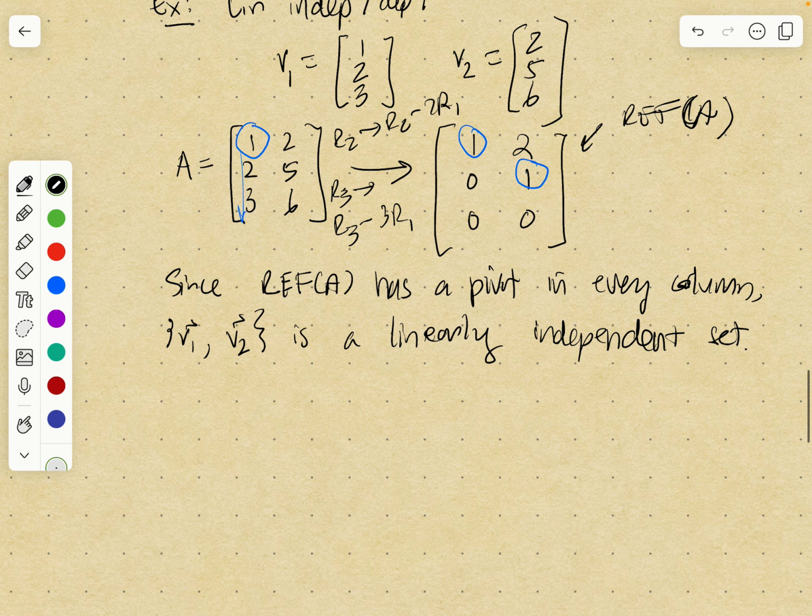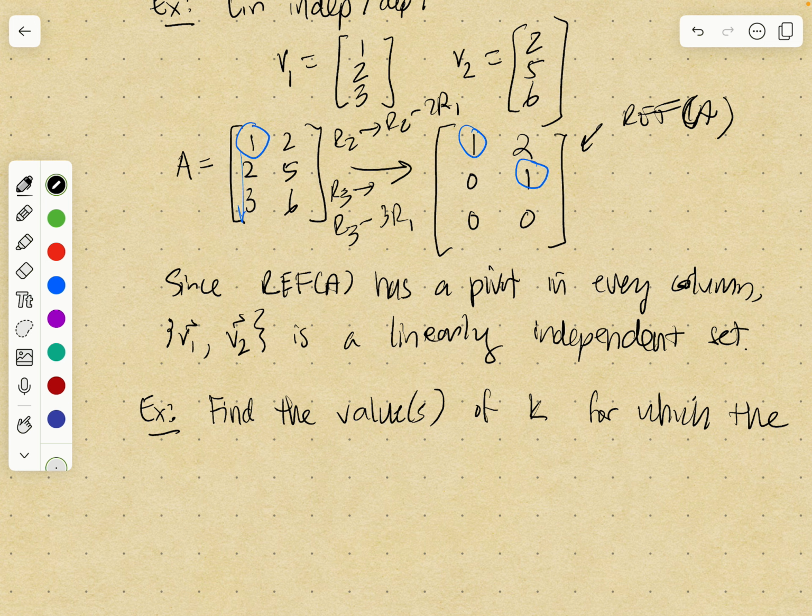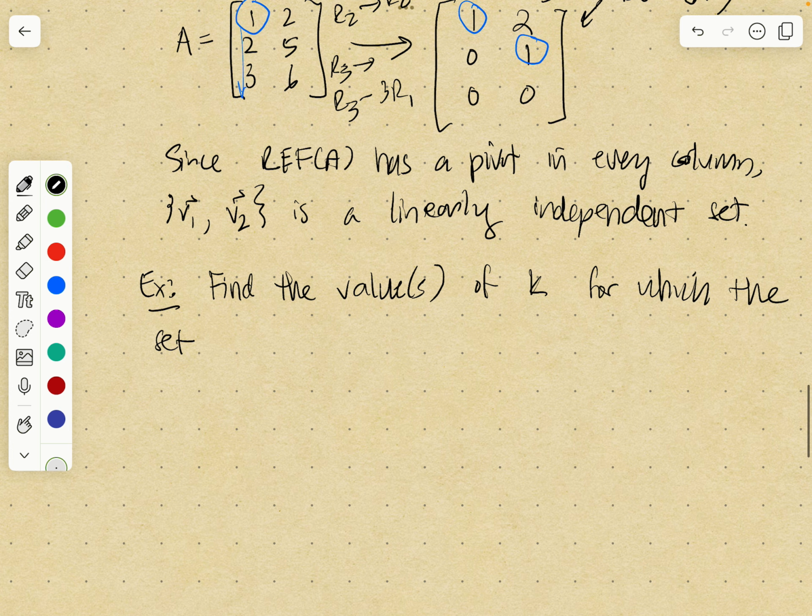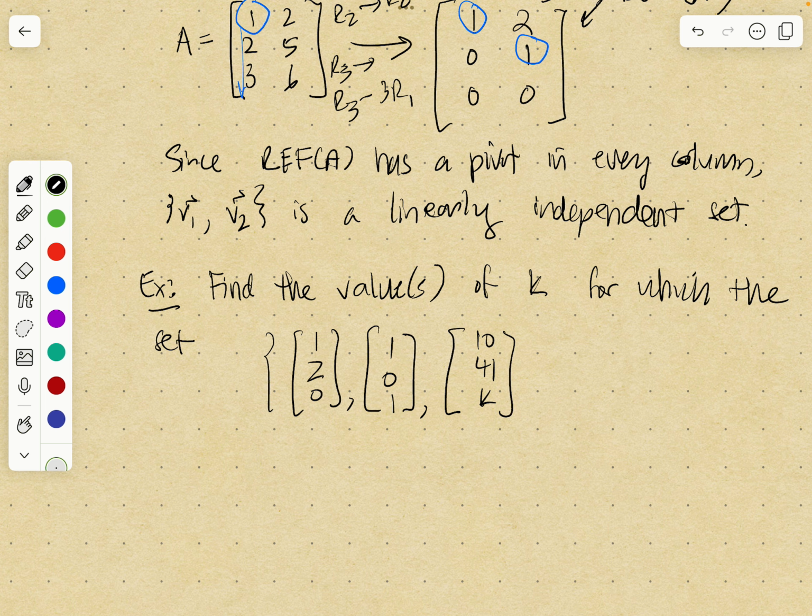Okay, let's do one more example. This is sort of like a test question. Find the value or values of K for which the set 1, 2, 0, 1, 0, 1, 10, 41, K is linearly dependent.